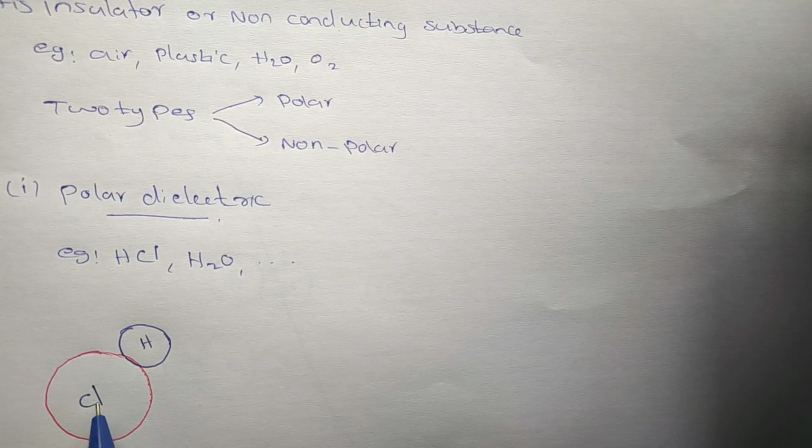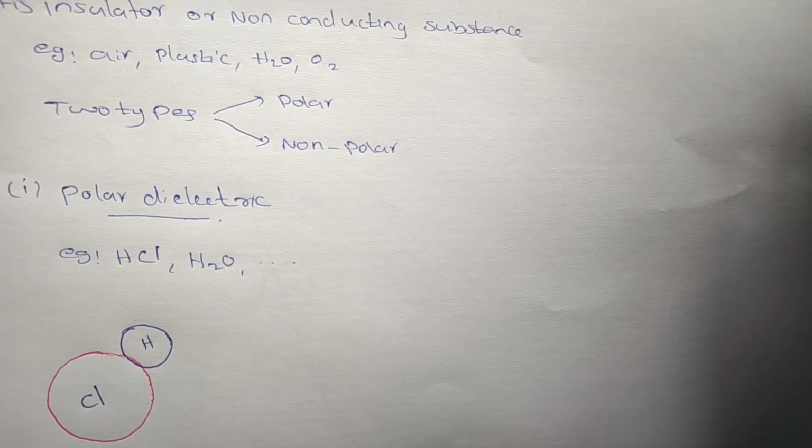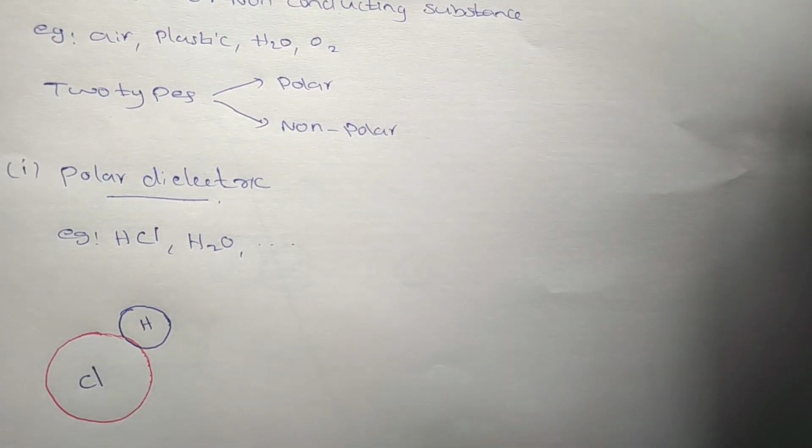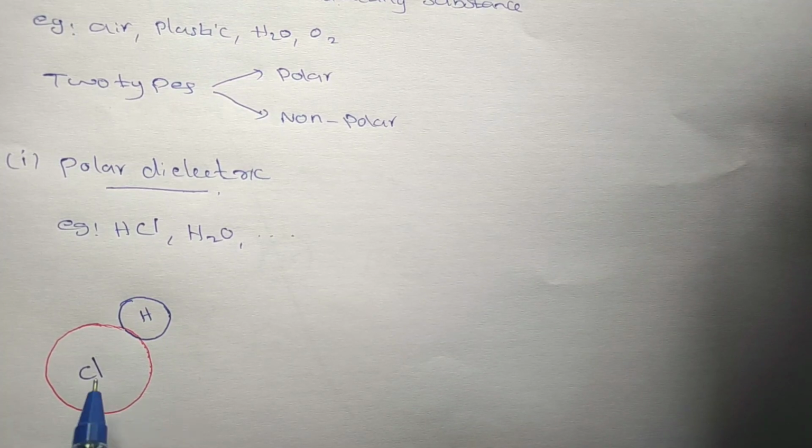Chlorine has how many electrons? It is surrounded by a total of 17 electrons. Okay, now totally 17 electrons. You can say that in the nucleus there are 17 protons. So the 17 protons in the chlorine will attract the 17 electrons surrounding it.